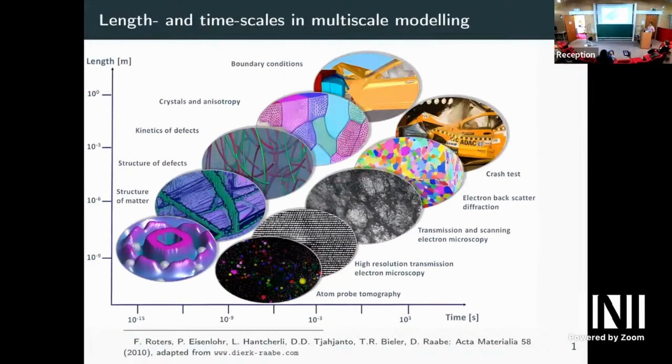At the smallest scales, both in length and in time, you have quantum mechanics, where not only do you model the nuclei of atoms, but also the clouds of electrons around the nuclei. And then as you want to access further timescales and length scales, you need to coarse grain.